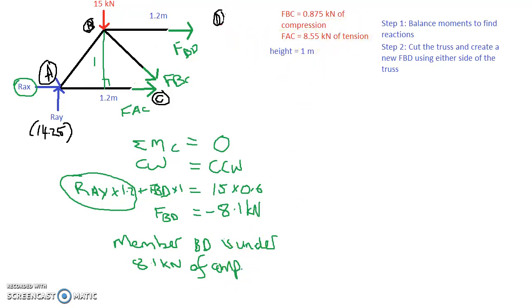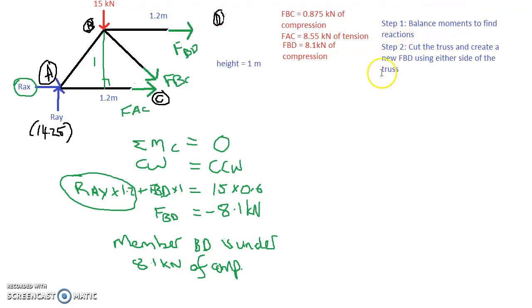All right, so there's my final answer there. FBD equals 8.1 kilonewtons of compression. Done. Now that is it.